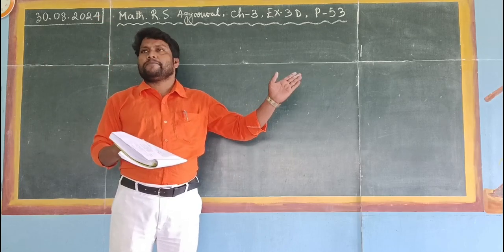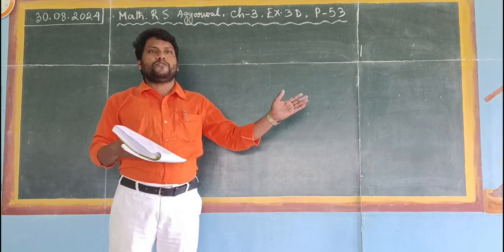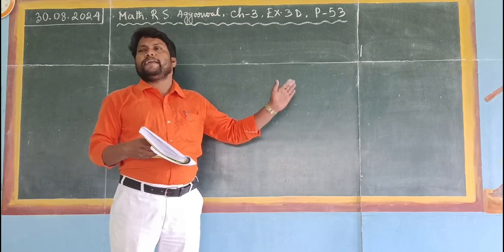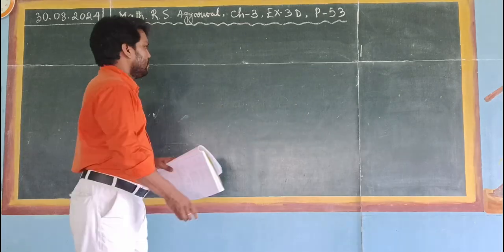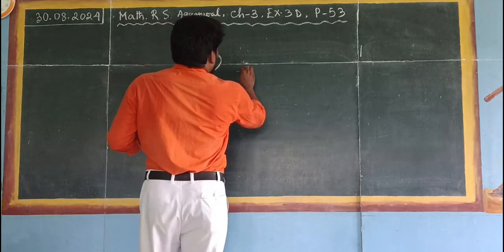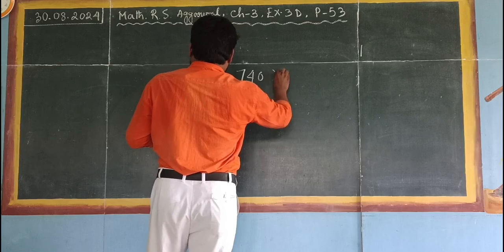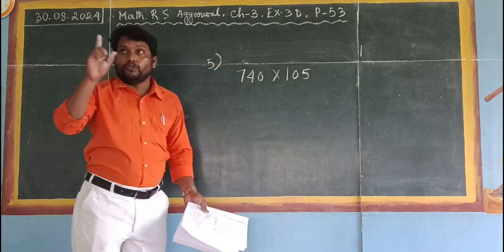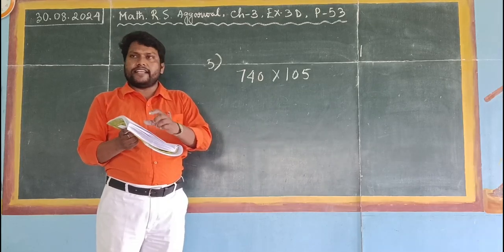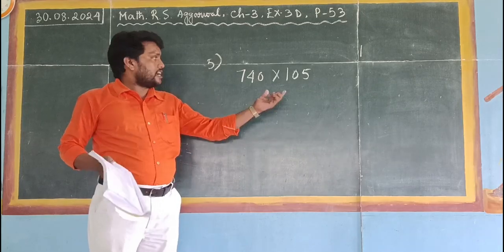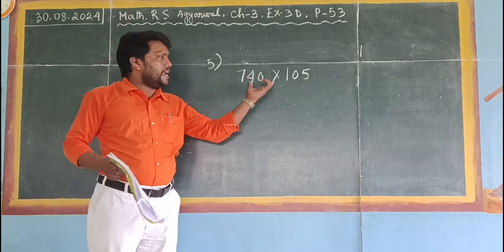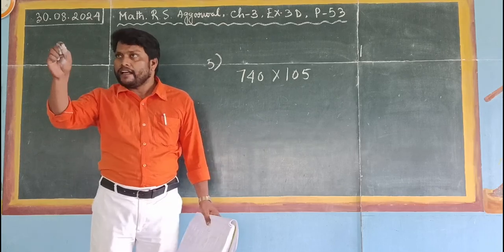A into B plus C. At first you will have to arrange the problem as A into B plus C, then A into B plus A into C. Suppose 740 into 105. You do not multiply directly. The instruction is given: at first rearrange using the distributive property, then multiply, then find the value.